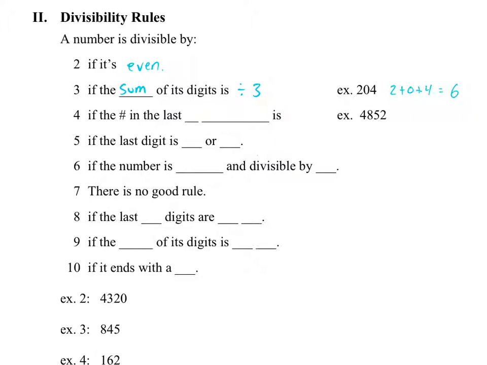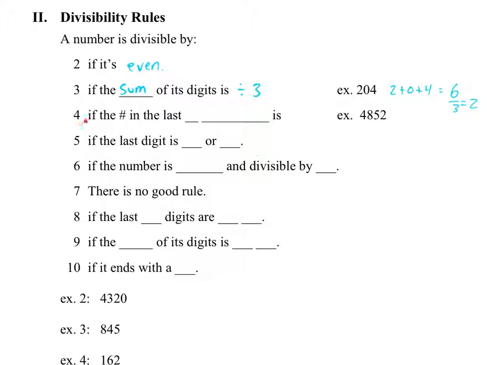So you take all the numbers in the number and you add them together. Can I divide 6 by 3, or is 6 divisible by 3? Yes, so it's divisible by 3 because I can do it and get a 2, an answer without a remainder. So 204, is that divisible by 3? Yes, because the sum of its digits is divisible by 3. Then you know the actual number itself is divisible by 3.